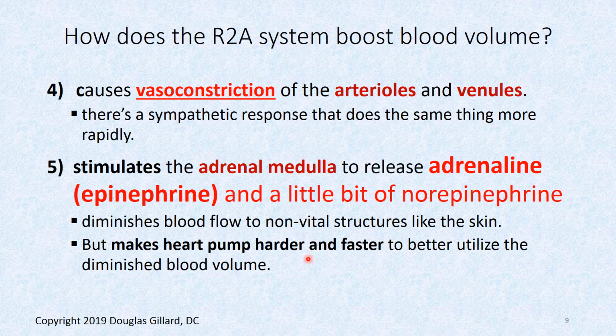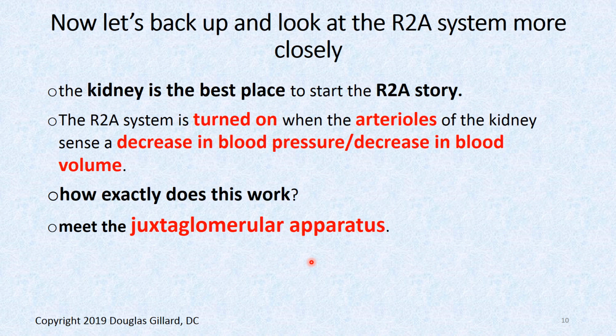It makes the heart pump harder. It binds to the SA node, and I think we'll look at that more when the time comes. But that's not going to bolster your blood volume any, but it's going to bolster your blood pressure because it's pumping the remaining blood around quicker and trying to make up for that decreased volume.